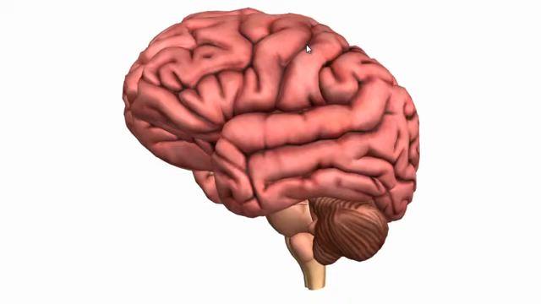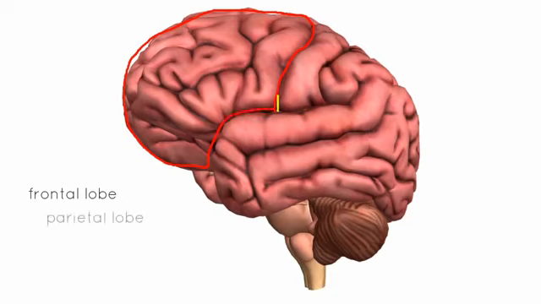So you've got 4 lobes of the brain which are separated by various grooves. Anterior to the central sulcus, which I'm drawing along here, you've got the frontal lobe, because it sits behind the frontal bone of the skull. This is the frontal lobe that I've outlined in red. Posterior to the central sulcus, you've got the parietal lobe, and this runs like this. I'm outlining this in yellow.